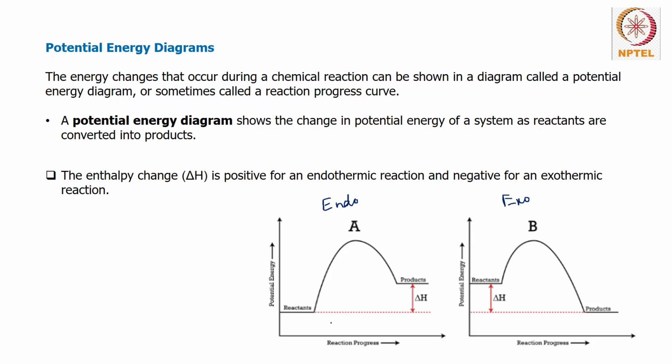This is the heat of the reaction. You can see the product has this much amount of heat greater than that of the reactant. This is the reactant energy, and the product energy is higher than that of the reactant by this much.